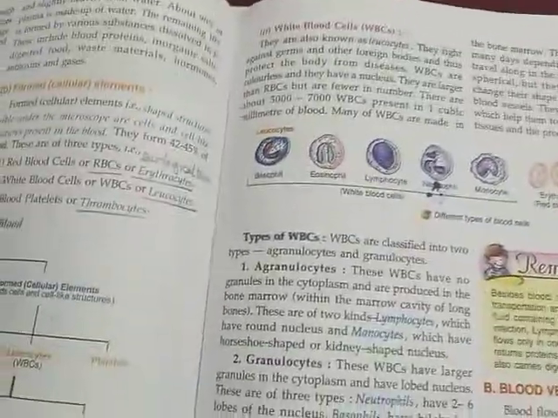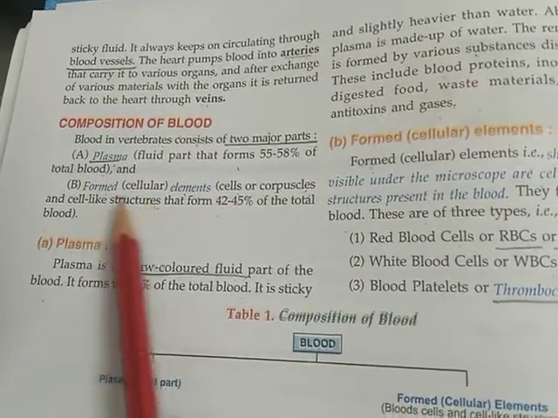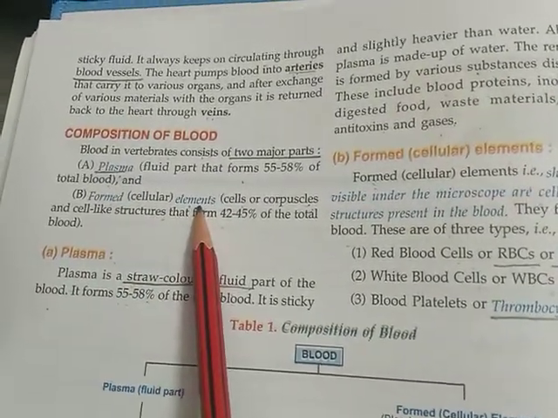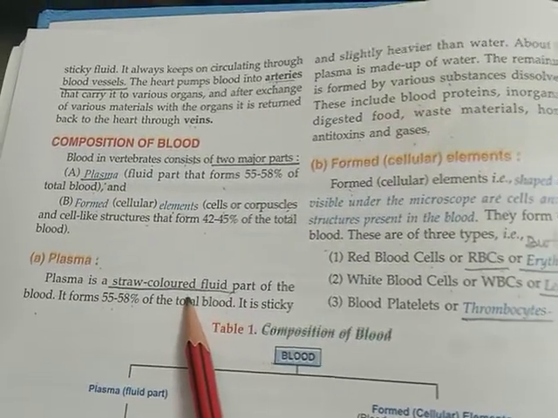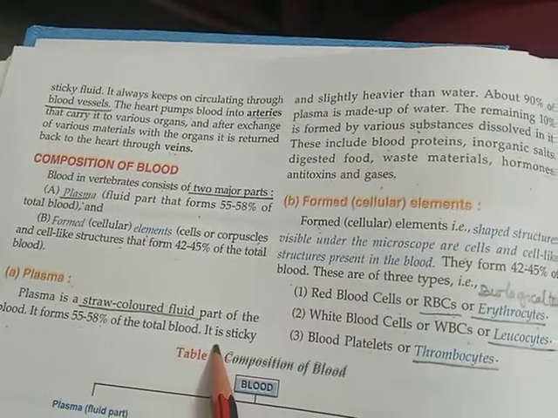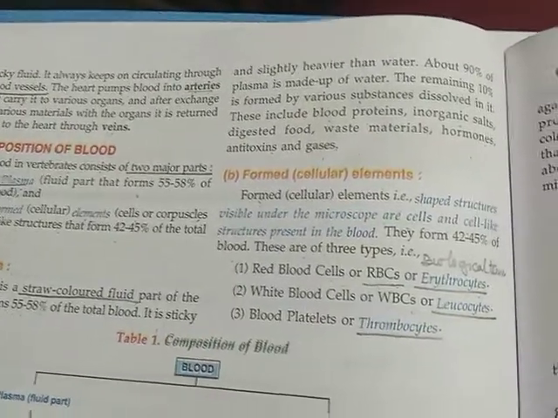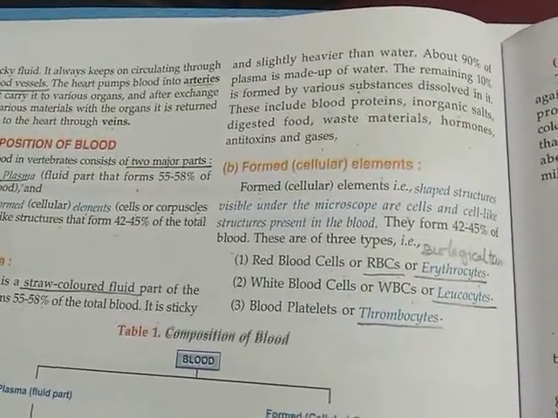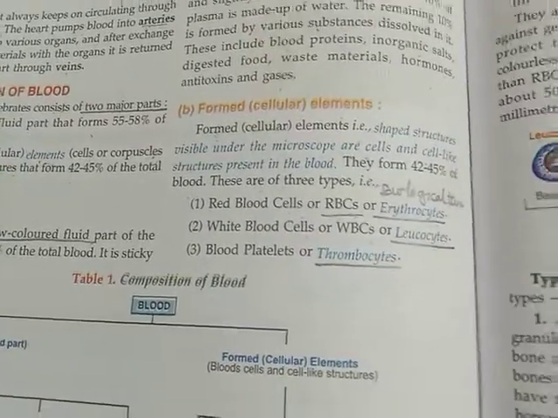Now children, in the previous video, you have studied about the composition of blood, that the blood is made up of plasma and the formed elements. Plasma is a straw colored fluid, sticky, slightly heavier than water, and it includes blood protein, inorganic salts, digested food, waste materials, hormones, antitoxins, and many gases.